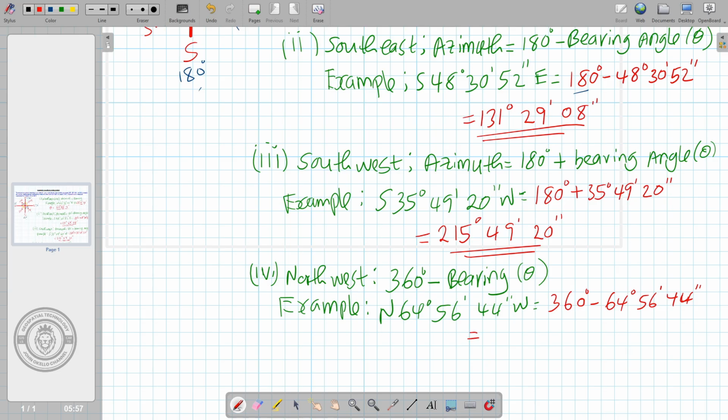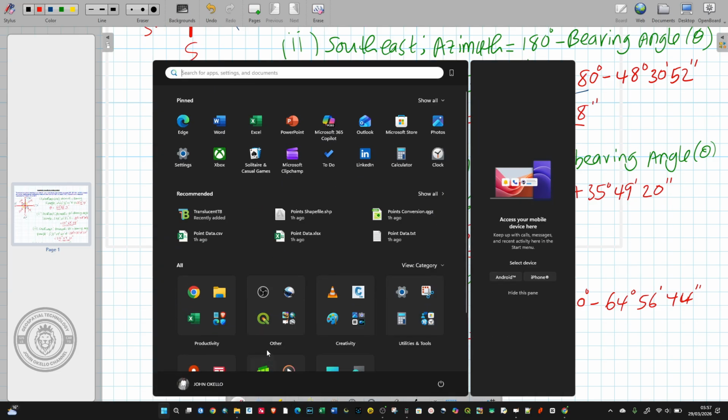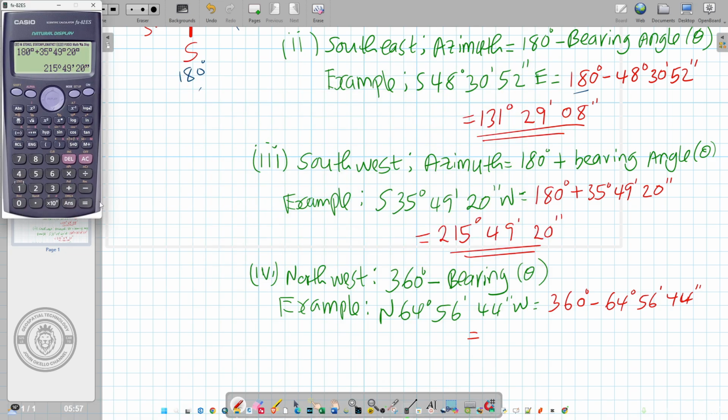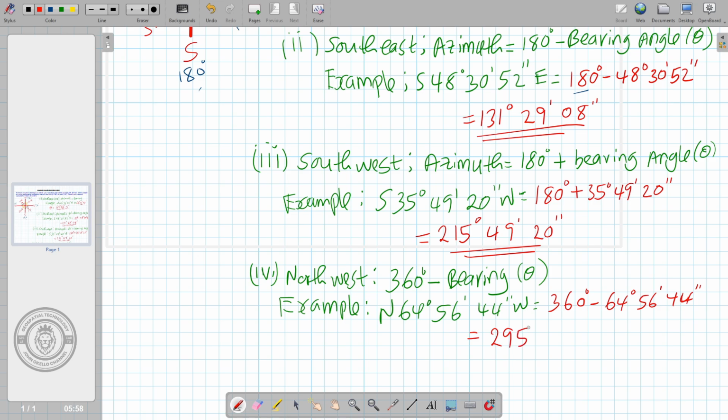Let me pull my calculator here. This will be 360 degrees minus 64 degrees, 56 minutes and 44 seconds, and that will be 295 degrees, 3 minutes, 16 seconds.